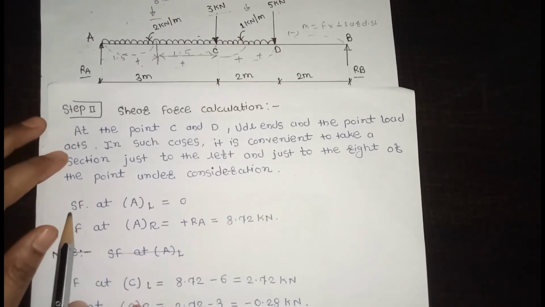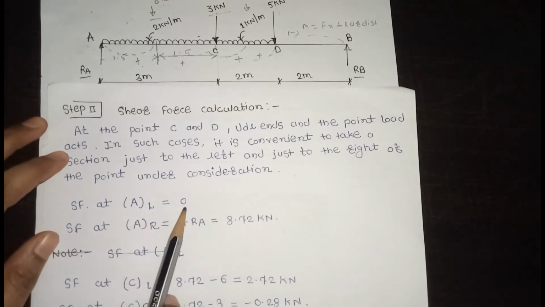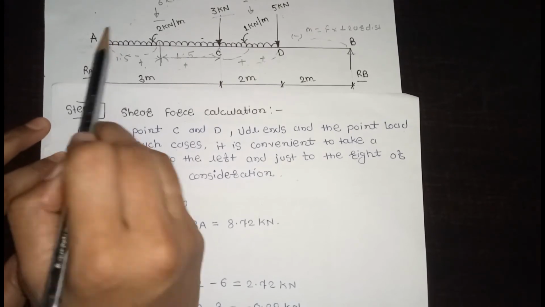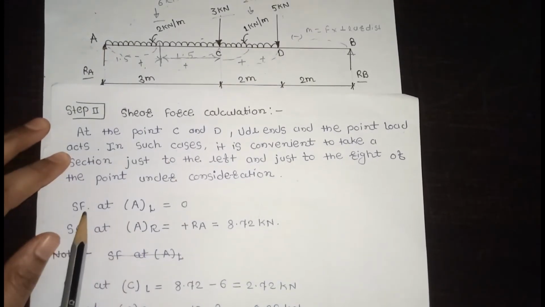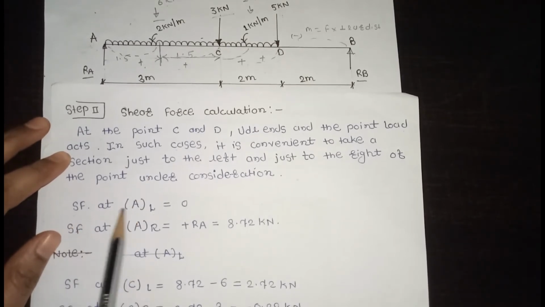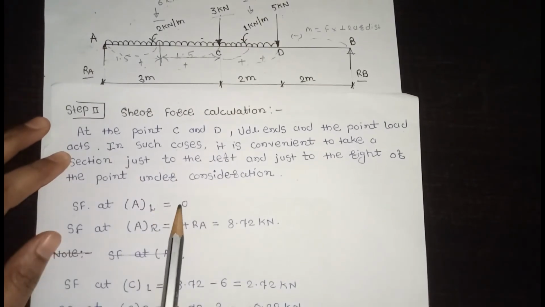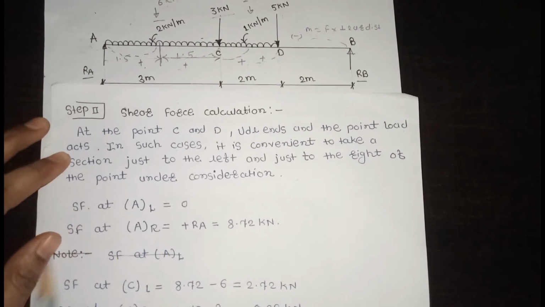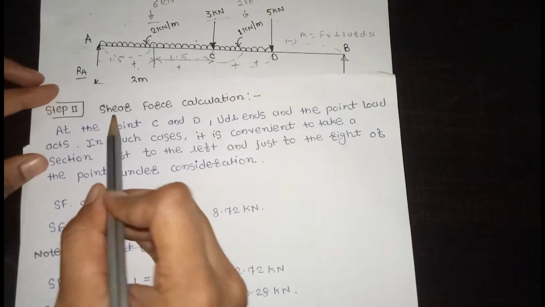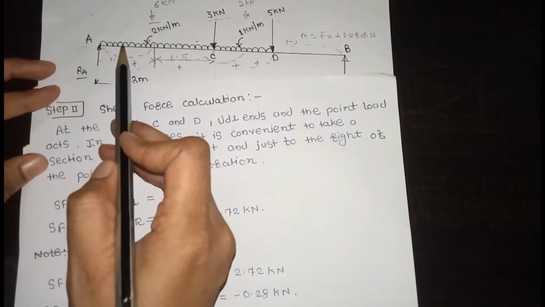So how do we calculate shear force? Shear force at A left is equal to 0, because there is no force to the left of point A. Shear force means all the vertical forces which act to the right or left of the section.